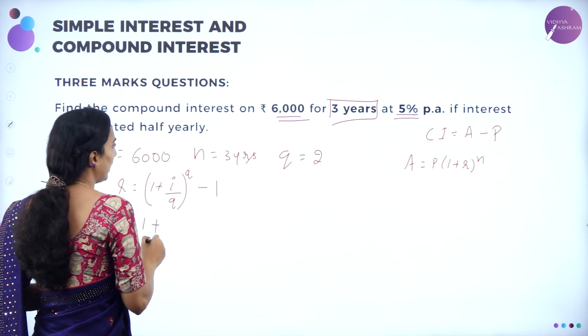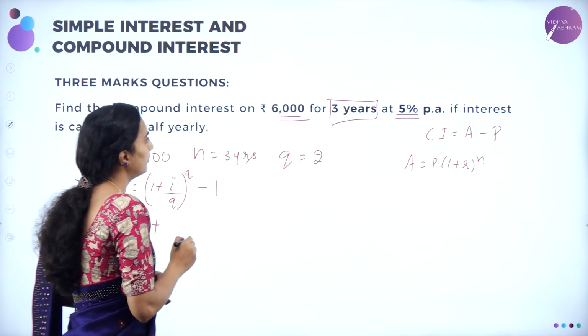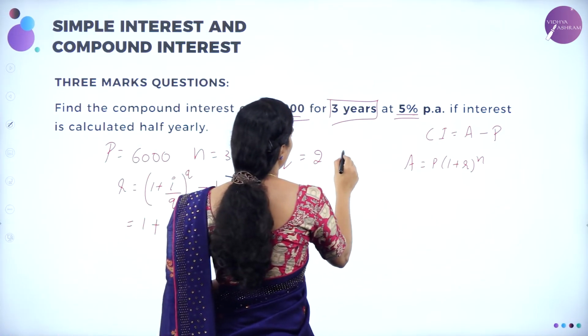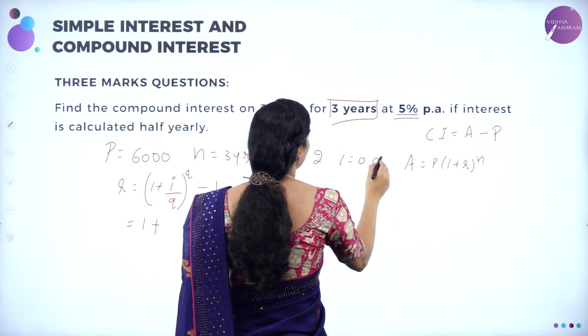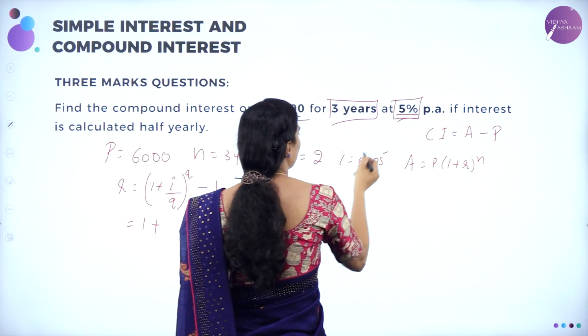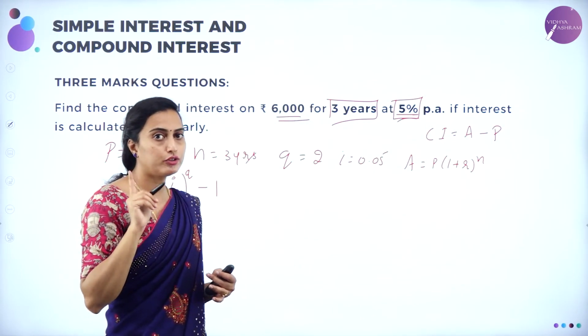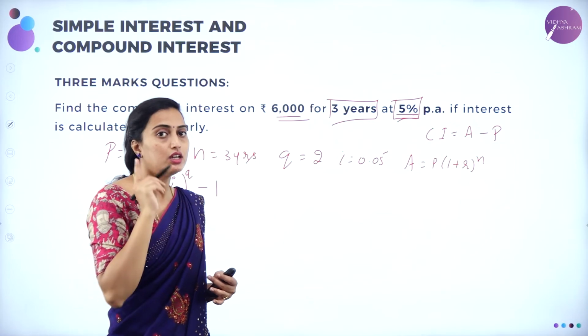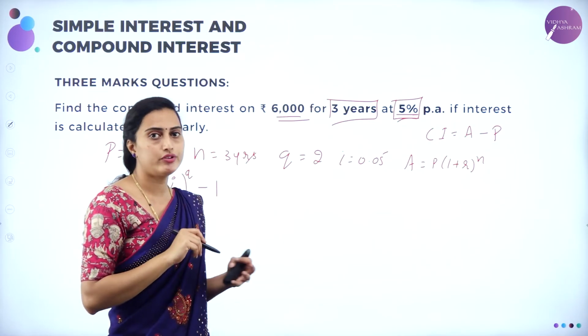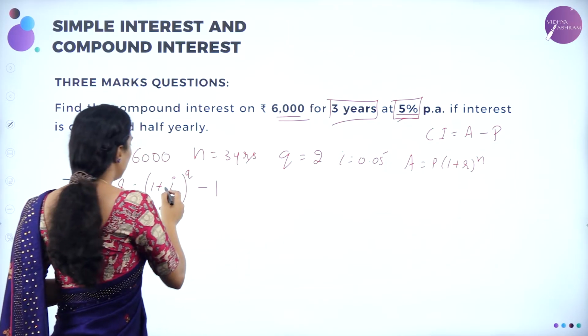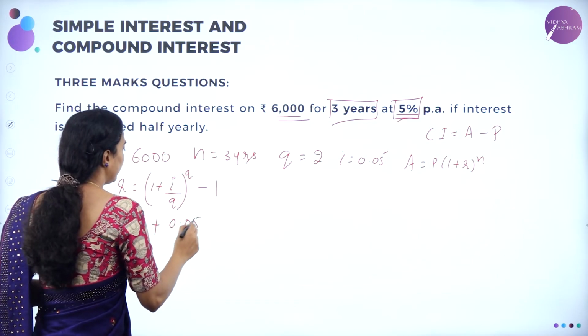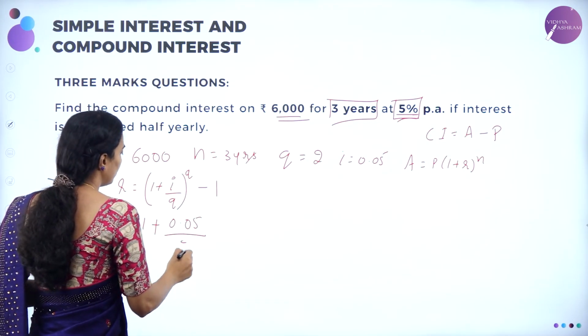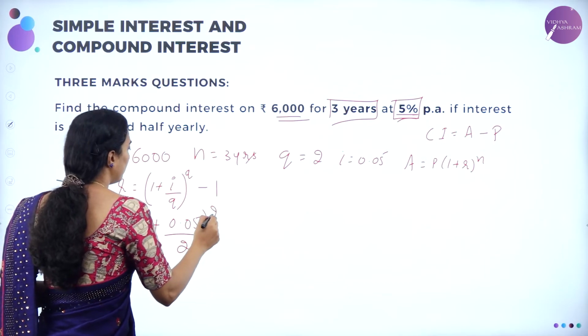I is 5%, which is 0.05, correct? Because 5 divided by 100 is 0.05. So therefore 0.05 divided by Q, which is 2, whole to the power of 2, minus 1.